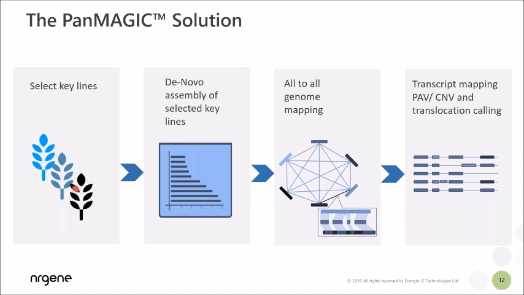After those key lines are selected, DNA is extracted, sequencing data is produced, and we assemble these lines and arrange them into pseudomolecules so that we can go on to the next phase. Another comment here: since pepper is an inbred and we want to reduce the errors as much as possible and have a comprehensive analysis, we encourage the lines to be as homozygous as possible.